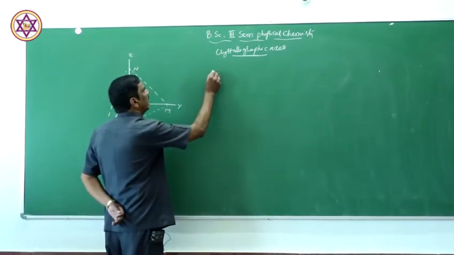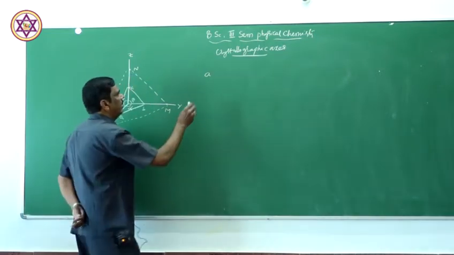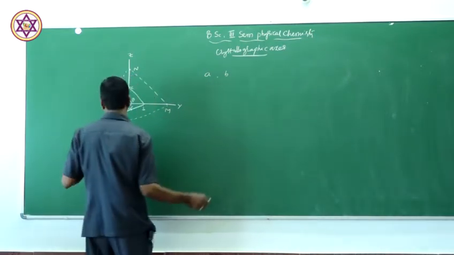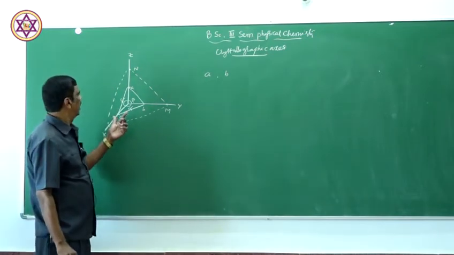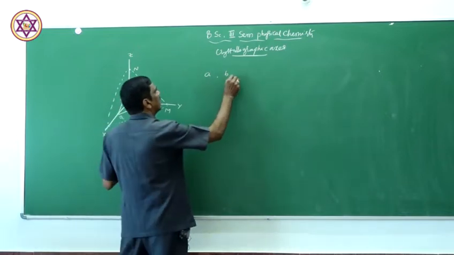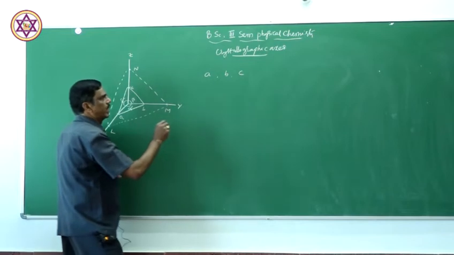So, A is the edge length in the x direction, B is the unit intercept of the unit cell in the y direction, and C is the length in the z direction.